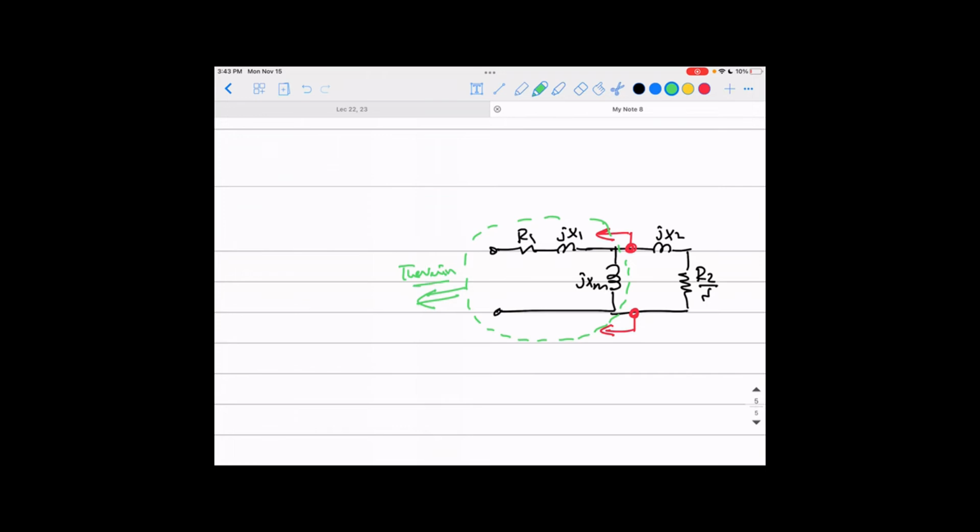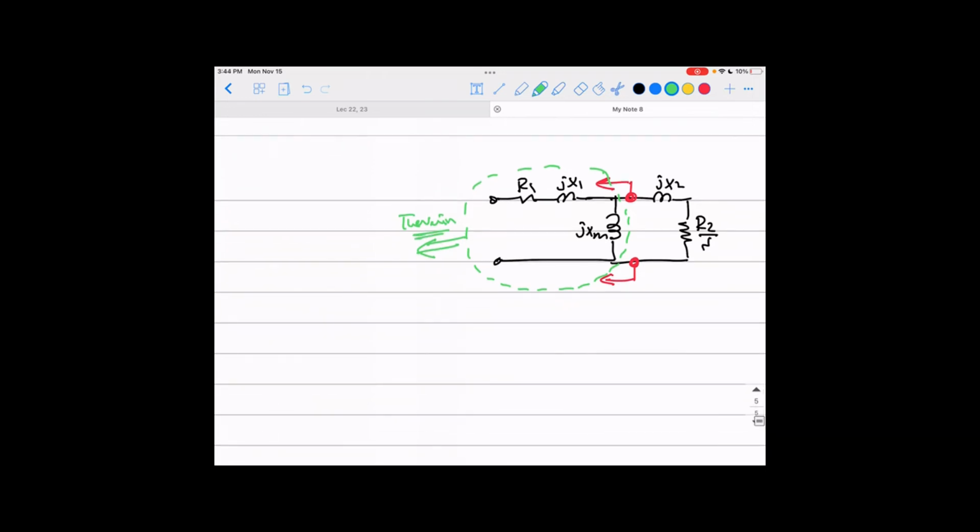If you refer back to the Thevenin equivalent circuit from your circuit courses, we take this part, where there is a voltage V1 applied to the stator terminals, and represent it by a Thevenin equivalent circuit, which is a voltage source V Thevenin and a Thevenin impedance, R Thevenin plus JX Thevenin.